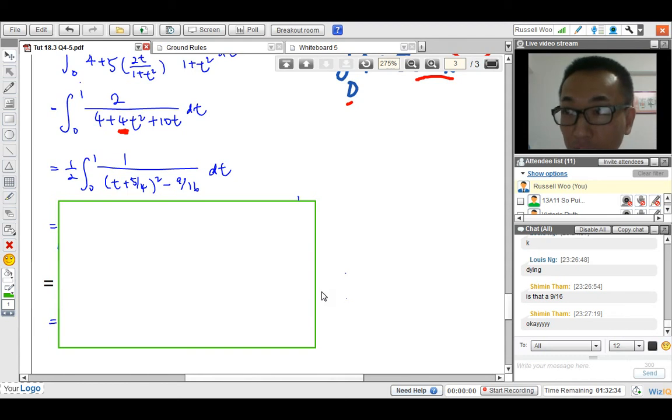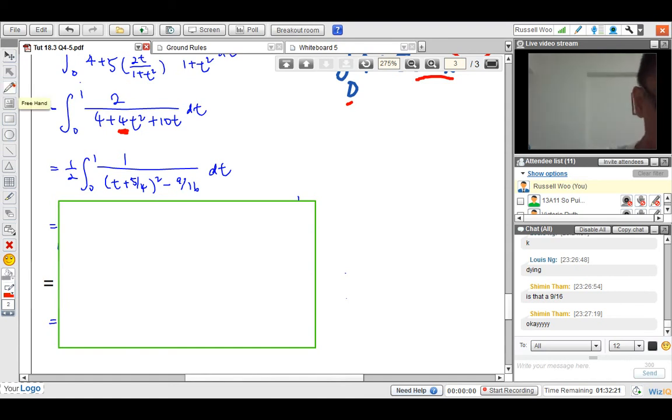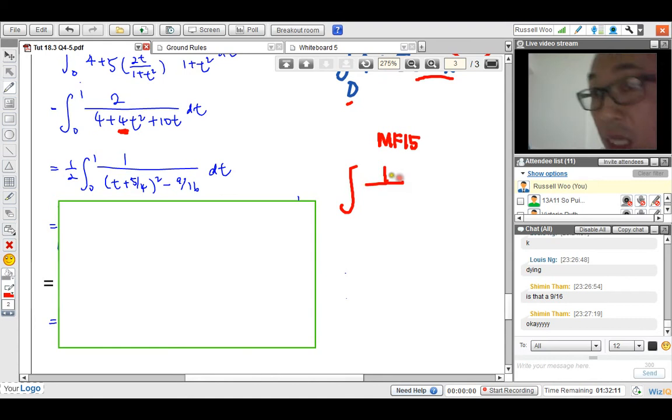Now, take out a formula list, and you should know that there is this standard integral called MF15. I'm going to quote MF15 now. There's this standard integral, 1 over x squared minus a squared.